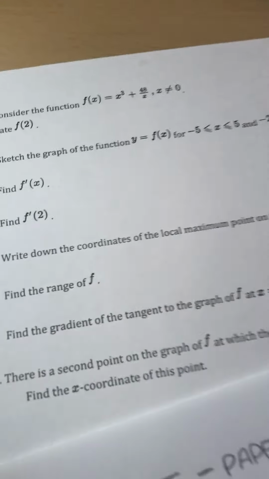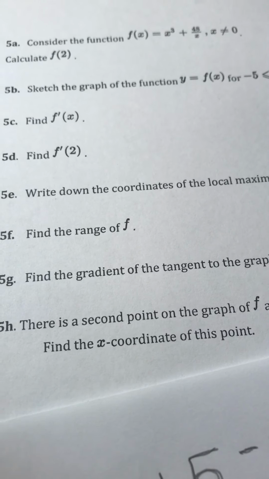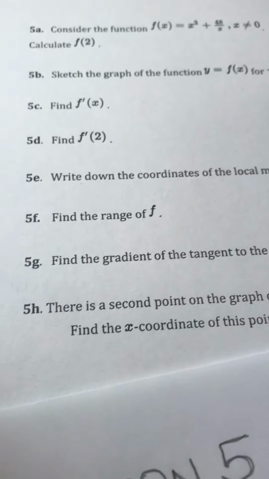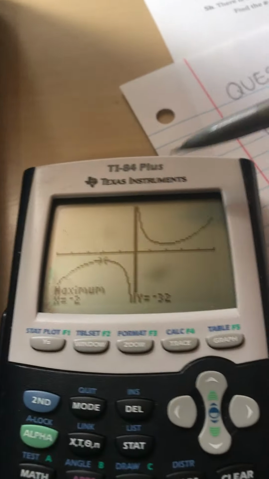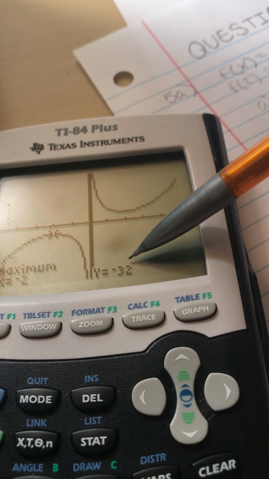Now, F is you're finding the range of it. So basically, the way that my logic was, the range obviously has to deal with your y values. So the maximum for this y value is -32.